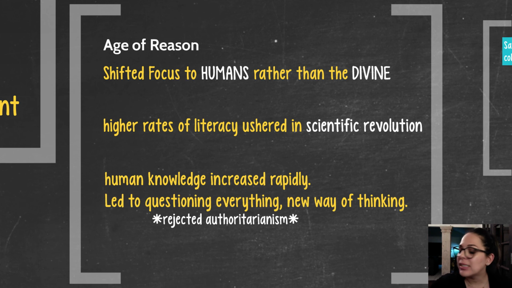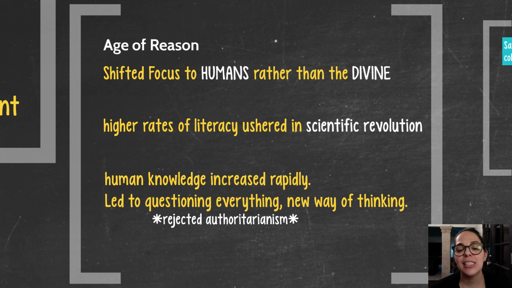more access to books and stuff like that. And so the result of this is, of course, more human knowledge, a much more educated population. And so this is going to result in a questioning of just about everything: the world around them, the natural world, the spiritual world, the political world, churches, you name it.